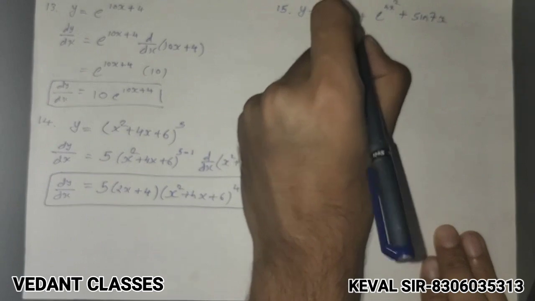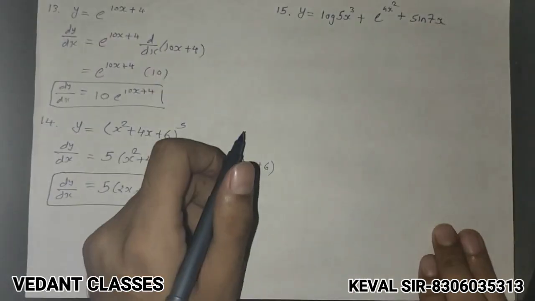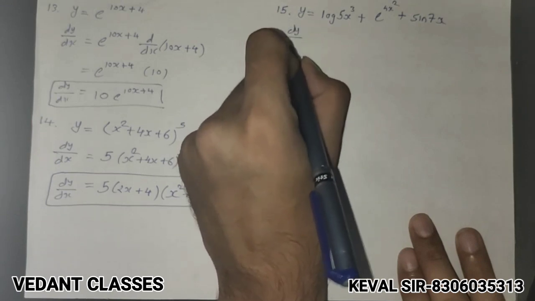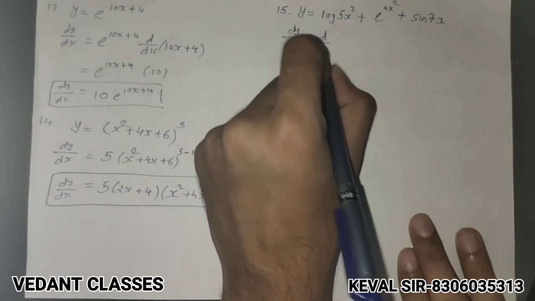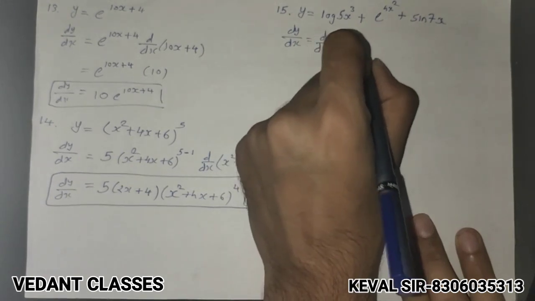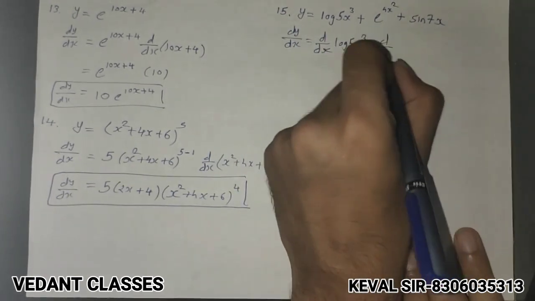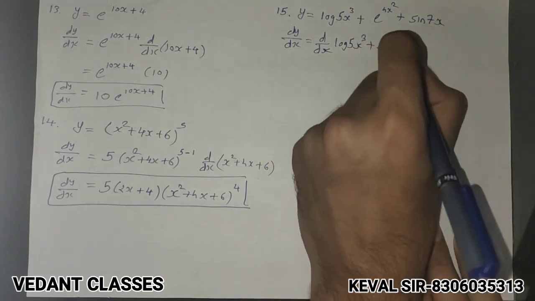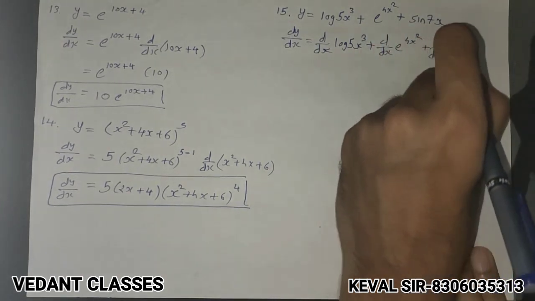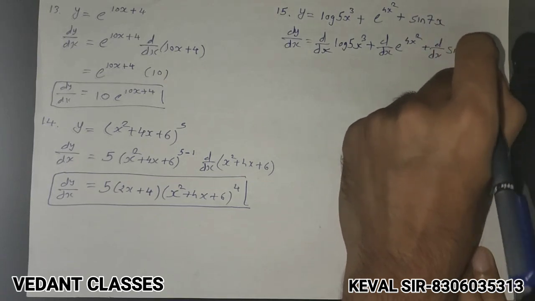Okay, now this type of question is there. So we need to find the derivative of each individual term. D by dx of log 5x cube, then d by dx of e raised to 4x square, and then lastly d by dx of sine 7x.